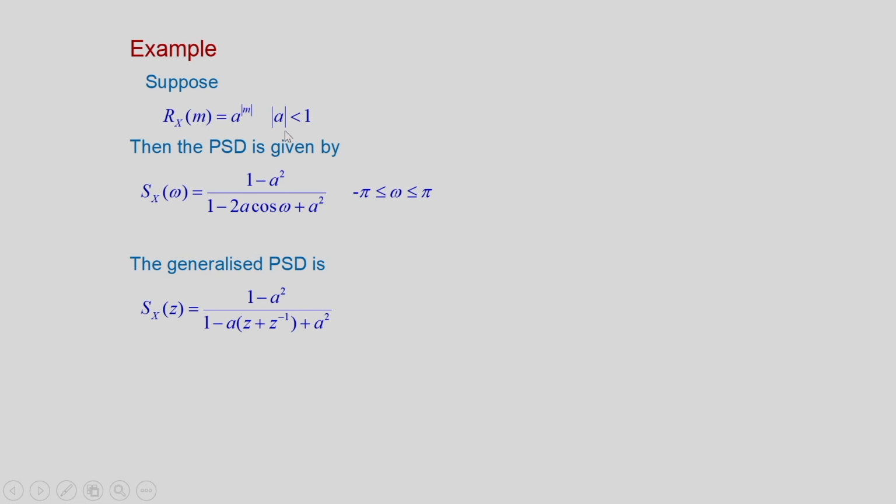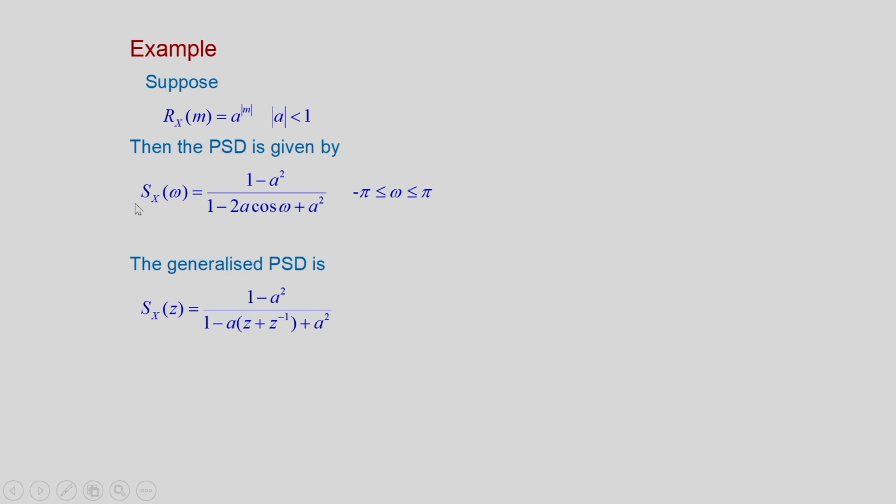Then for the PSD, we can apply the formula of power spectral density, that power series expansion. So, we will get Sx of omega is equal to 1 minus a square divided by 1 minus 2a cos of omega plus a square.